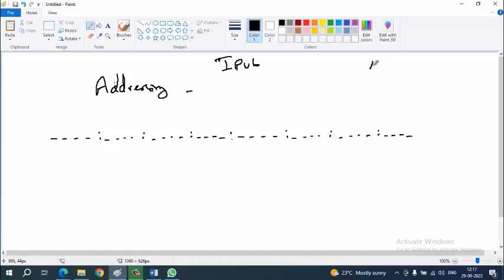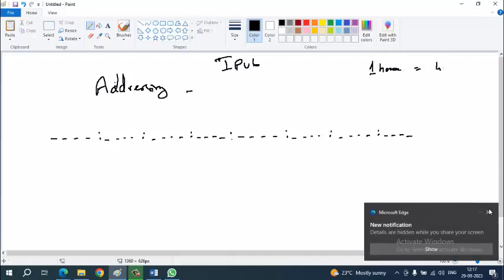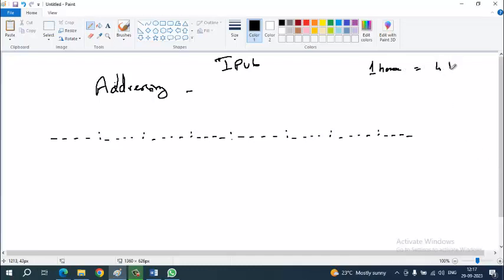And I told you 1 hexabit is equal to 4 binary bits. You got 32 hexabits, which is equal to 128 binary bits.